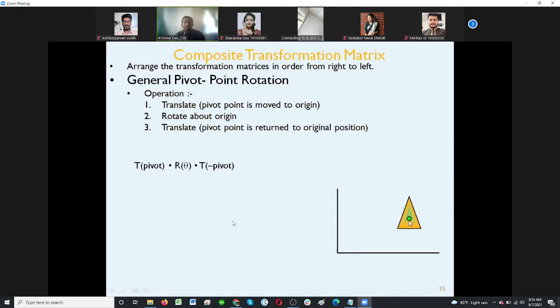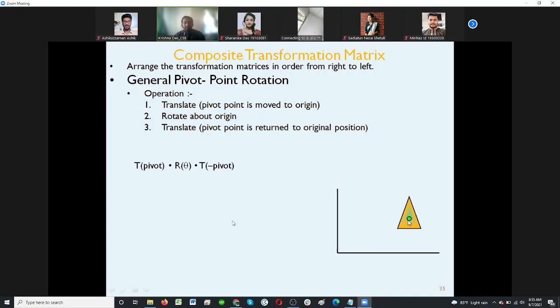Then I will apply the certain degree of rotation, that's what it says, rotation. Then I will rotate. Now my object was not in here, so I have to move that object again in there, right? So to do that, I first need to do my translation for moving that point into the origin.